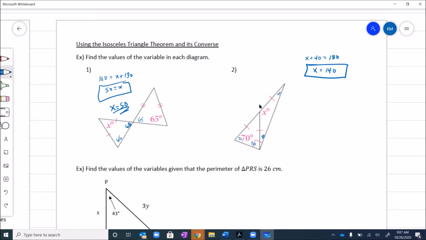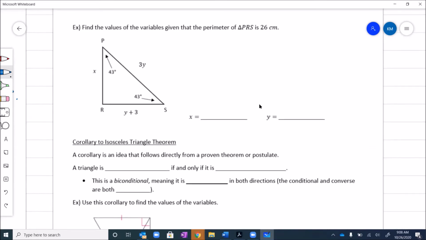Next problem. Let's find the values of the variables given that the perimeter of the triangle PRS is 26 centimeters. All right. So in this problem, they tell us that these are both 43 degrees. That means they are congruent. Okay, that's information that we're going to use because that tells us that these two sides are congruent.